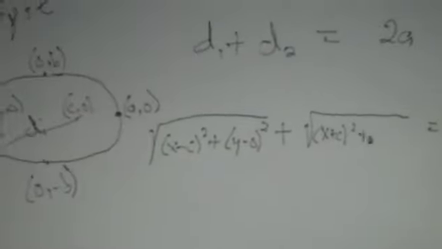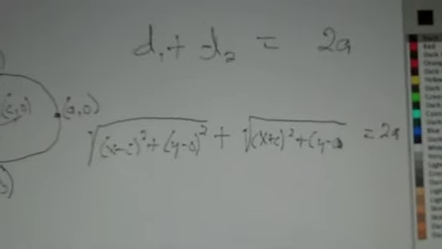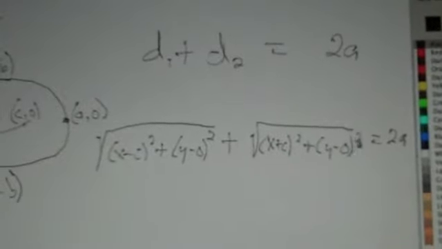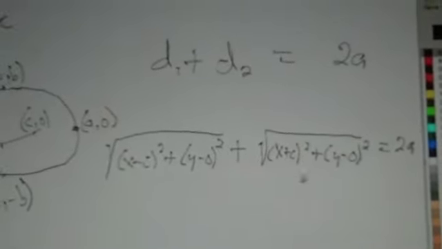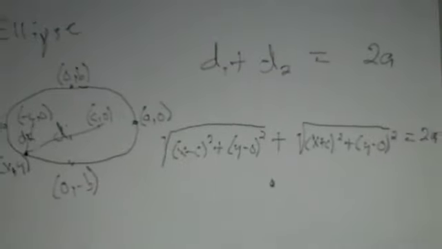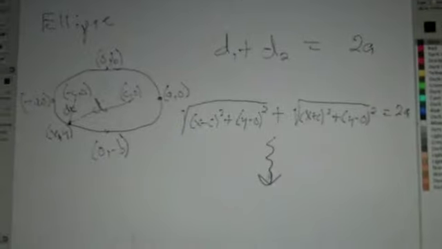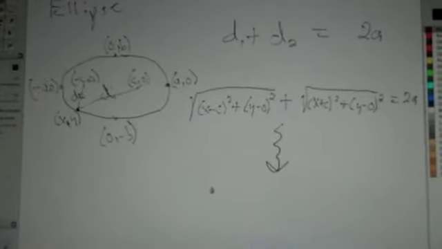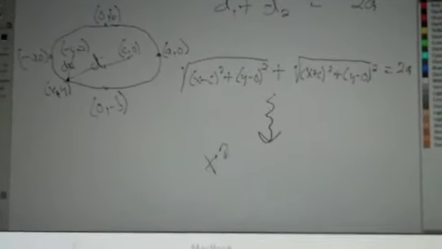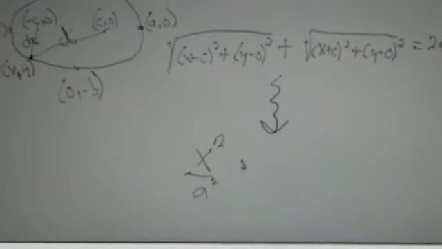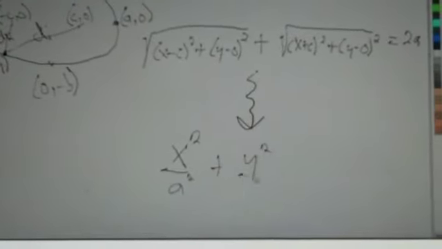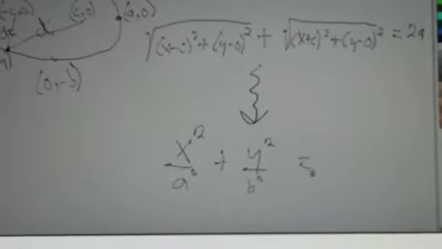And again, it's y minus 0. Question so far? So here's where we do a whole bunch of algebra. And if we do our algebra correctly, the answer for a sideways ellipse is going to come out to be x squared over a squared plus y squared over b squared equals 1.